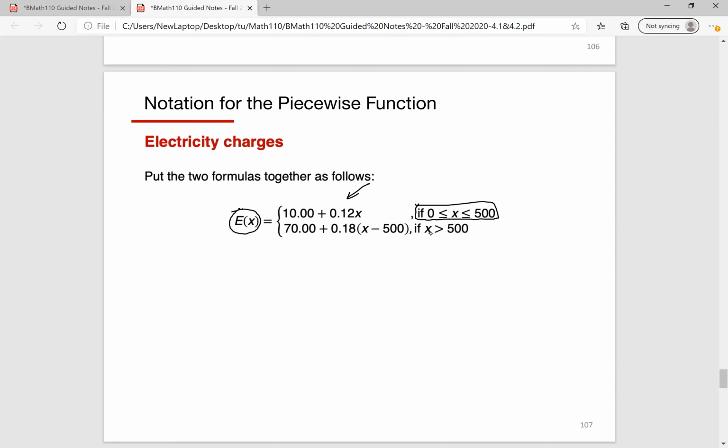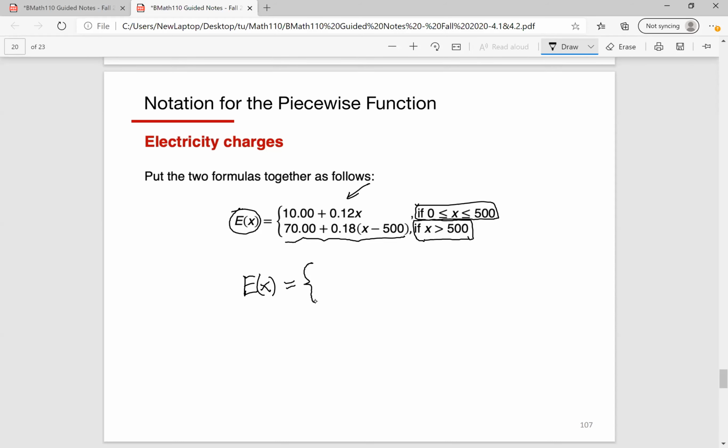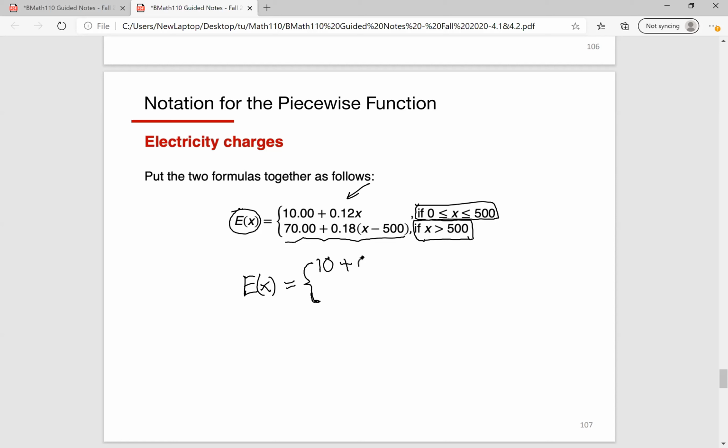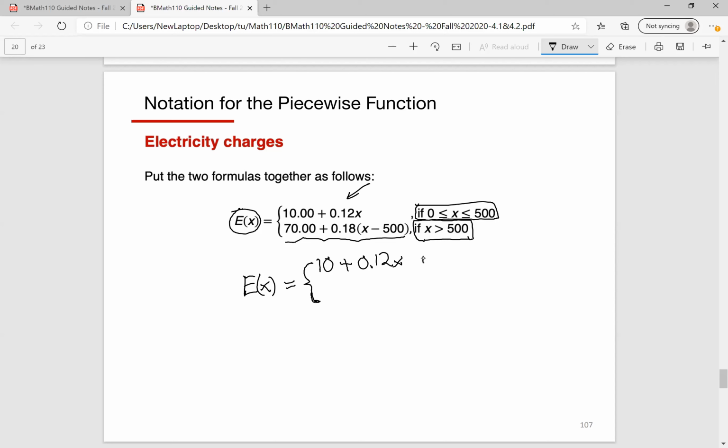For the case that x is greater than 500, you also have to write another equation here. I think this equation can be simplified, so let me simplify it. You need to draw a curly bracket, and the first one does not change at all, so 10 plus 0.12x, if x is between 0 and 500 inclusive.